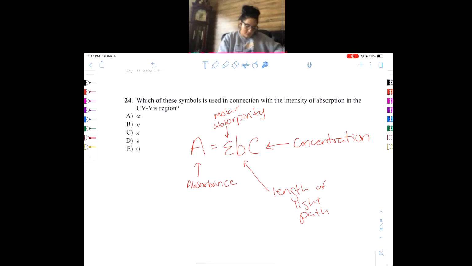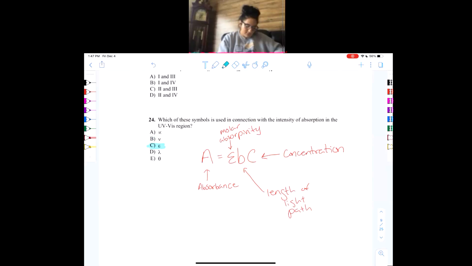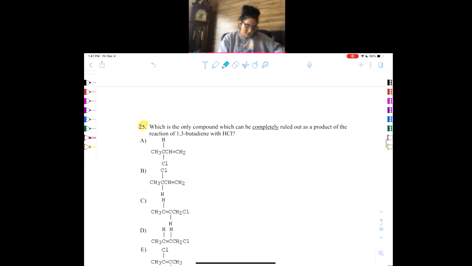So A is absorbance, the E looking thing is molar absorptivity, C is concentration, B is length of light. Usually he asks you for this guy. So your correct answer is C. That was fast.